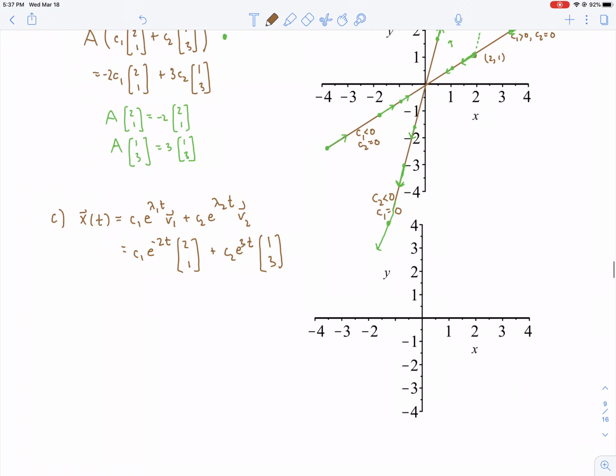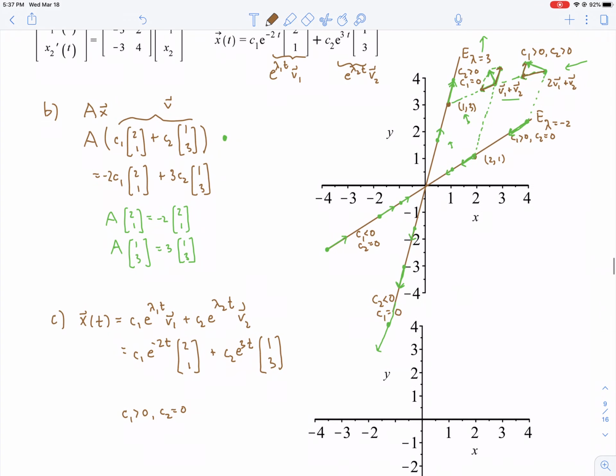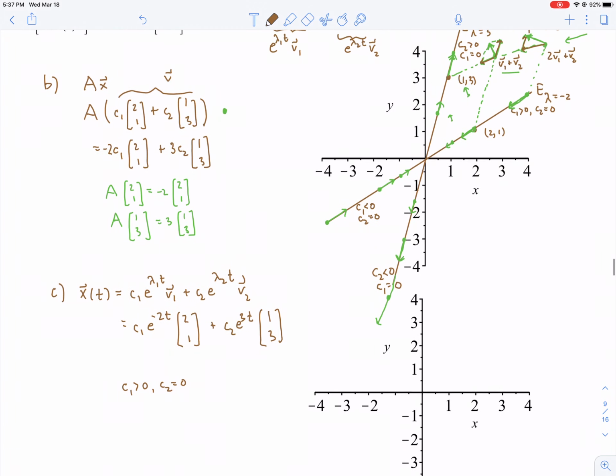Okay, so now we're looking at the second picture. Well, all c1s and c2s are possible. So for example, if c1 is positive and c2 is 0, then my curves are just living in the positive part of the -2 eigenspace.